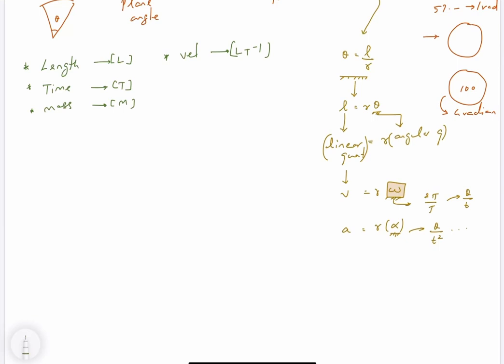And as you keep practicing each and every derivation of these dimensions, you will get to know some of the dimensional formulas. For example, I know about velocity, acceleration, force, energy, and so forth, because I keep practicing those, right?